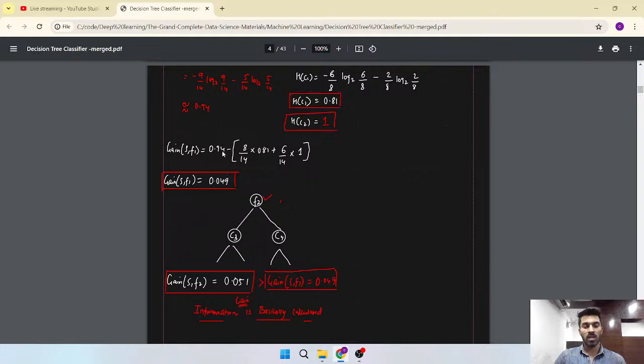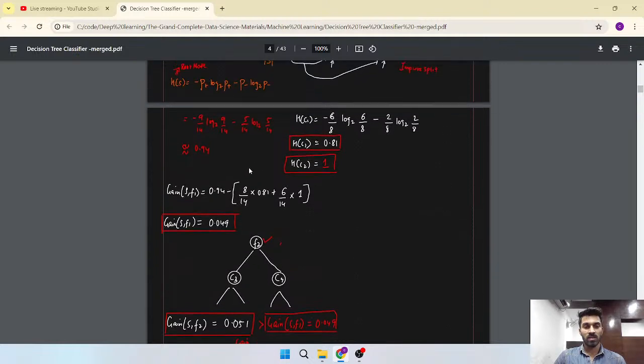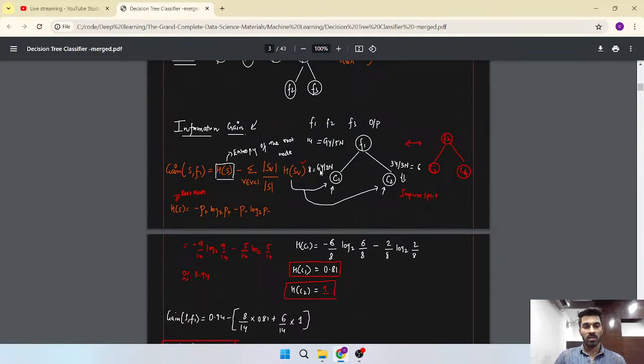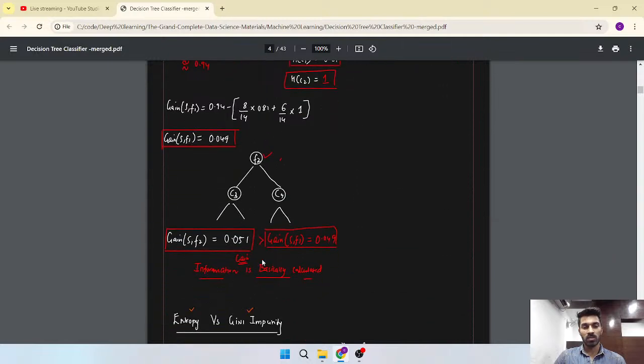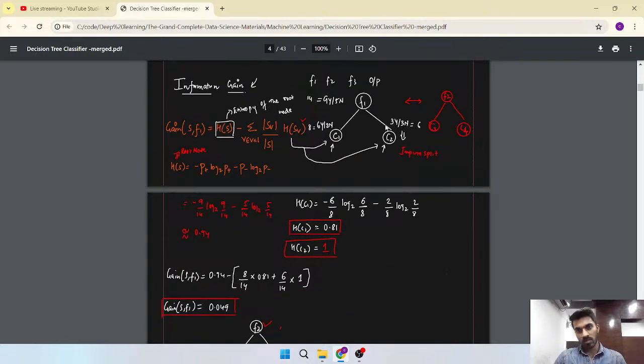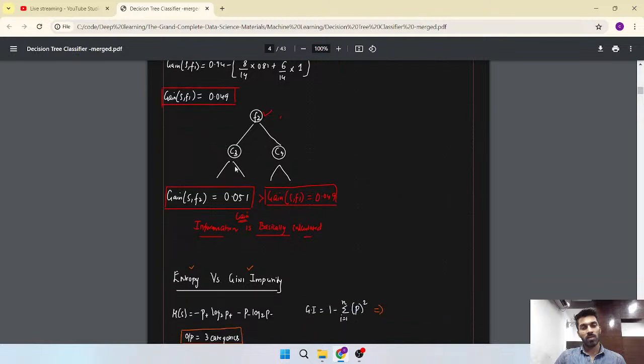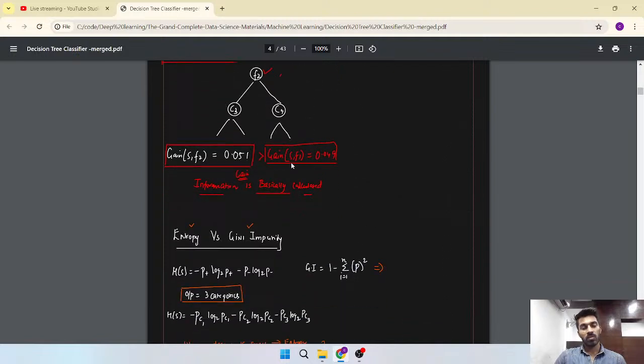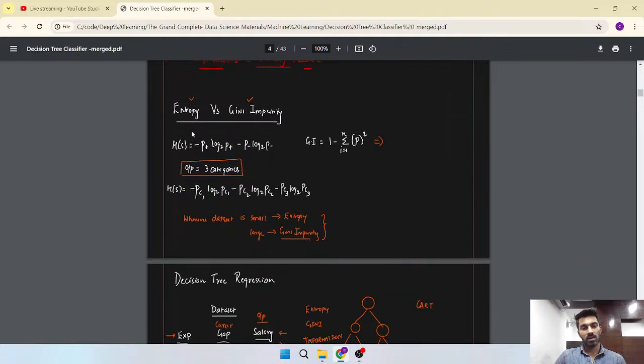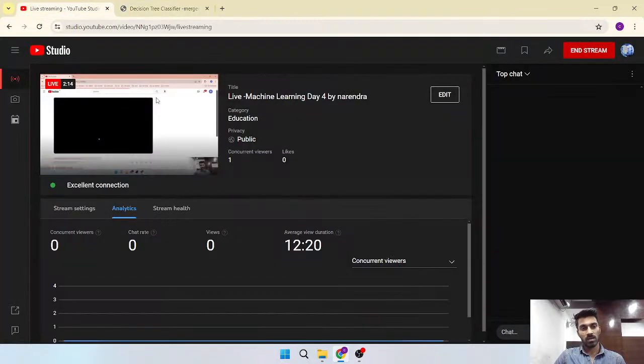So 0.94 is the entropy of S, minus the |Sv|/|S|. Here it is 8, like 6 plus 2, 8 by the total of 6 plus 8, 14. So you get 8/14 times the entropy of category C1, plus the same for the other, you can apply the formula. So you will get the gain of S for f1, and here a question will come to your mind.